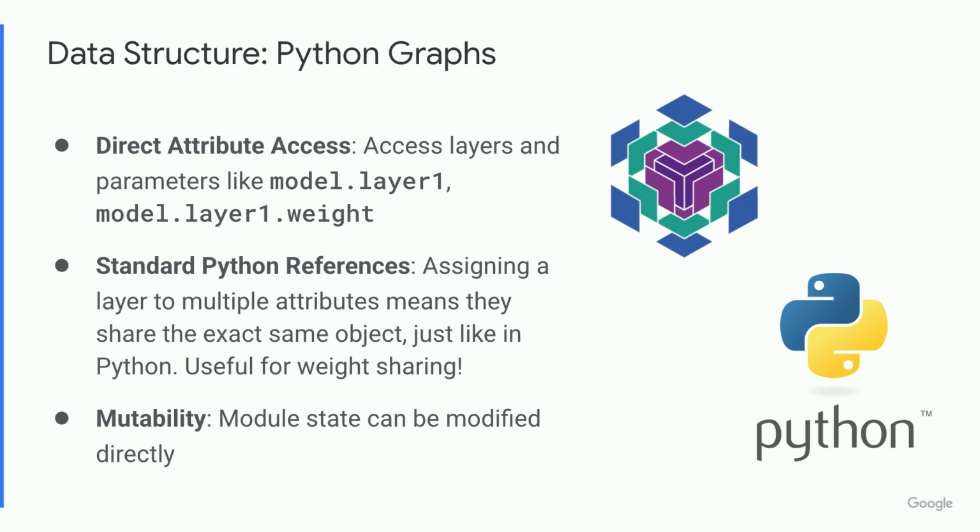If you create a layer and assign it to two different attributes, maybe for weight sharing between an encoder and decoder, both attributes will point to the exact same layer object in memory. There's no hidden copying or unexpected behavior here. It works just like Python references always do. So structurally, defining your models in NNX can feel quite similar to PyTorch.